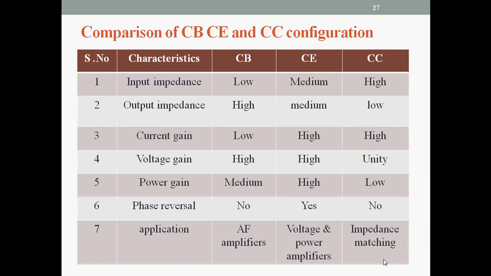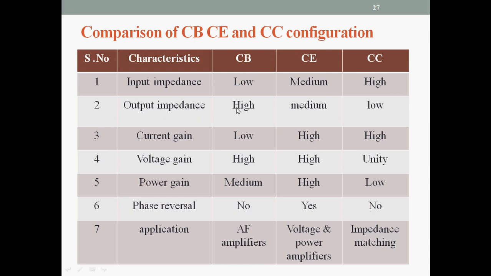Comparison of the configurations. This table shows us the different characteristics of the transistor in its configurations: common base configuration, common emitter configuration, and common collector configuration. The characteristics are: input impedance is low for CB, medium, high.